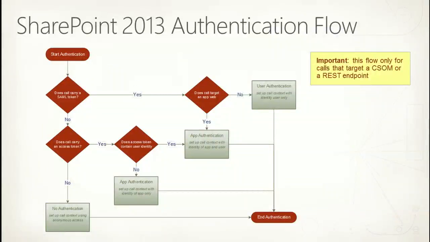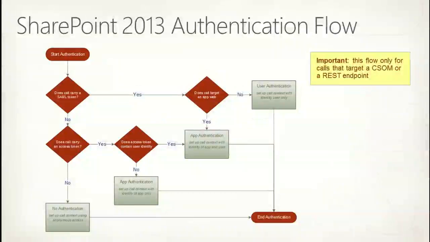If the developer created an app-only token and passed it in, well, then SharePoint will set up the call context with app-only identity, and it only checks to see whether the app has permissions and doesn't care whether the user has permissions or not. So that's your elevation scenario. And then if there are no tokens at all, it's going to try to use anonymous access, and if that's not configured, it's going to fail.